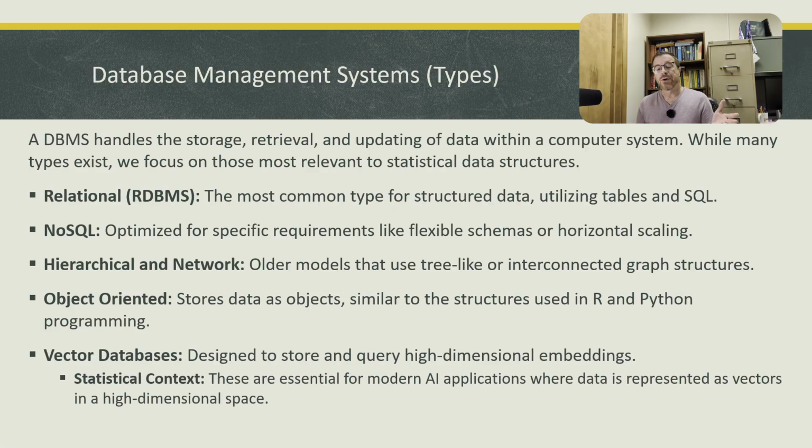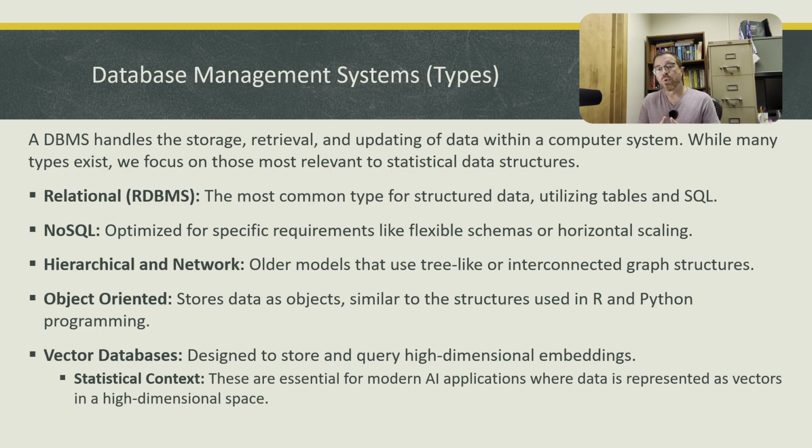You also have hierarchical and network, which are older models that use tree-like or interconnected graph structures. You've got object-oriented management systems, which store data as objects. This is similar to the structures that are used in R and Python when you're using those systems for programming. And then one of the newer databases, not that the database type itself is new, but it's more commonly used nowadays, are vector databases.